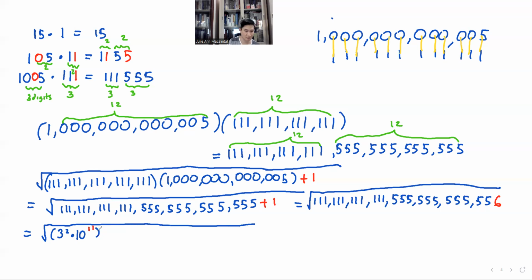And then plus 3 squared times 10 to the 10 plus 3 squared times 10 to the 9th. I'll use an ellipsis, plus 3 squared times 10 squared plus 3 squared times 10.